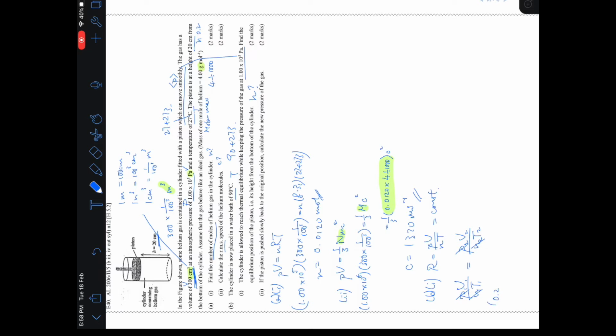We say it as A, so initially the height times the base area A over the original temperature equals the new height times the same area A over the new temperature. And they have the same A because it is a cylinder.